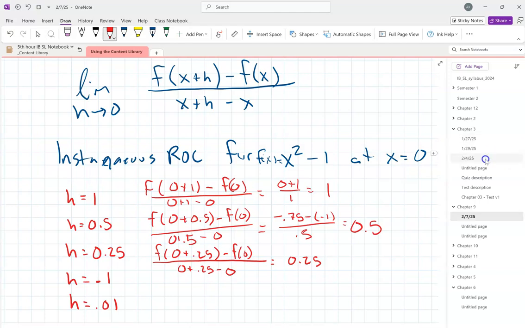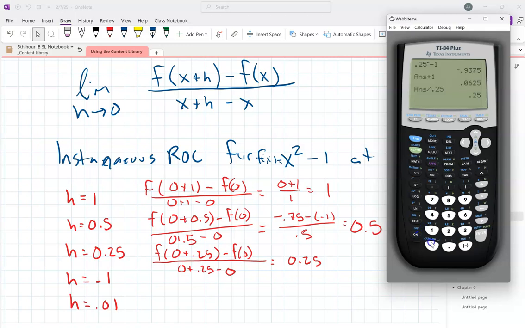Notice that as I'm getting closer and closer, let's see what's happening.